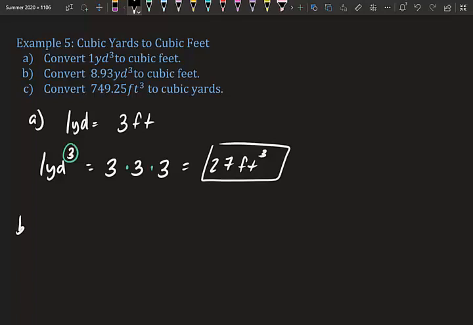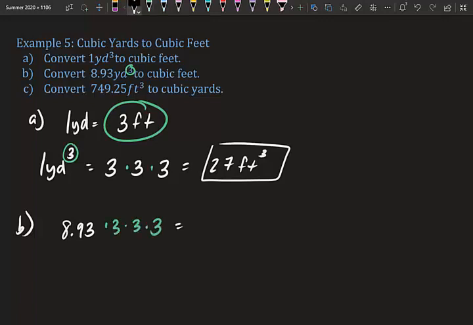Alright, let's do B. So we want to convert 8.93 cubic yards to cubic feet. So what we're going to do is multiply our 8.93 times cubic feet. So since it's cubed, we're going to multiply it by 3 times 3 times 3.